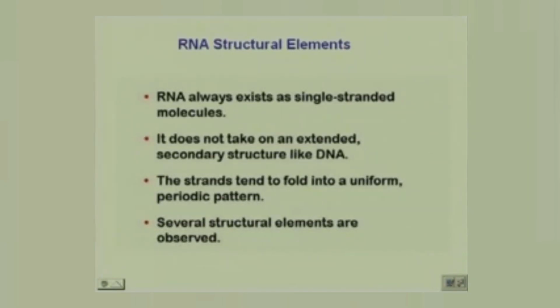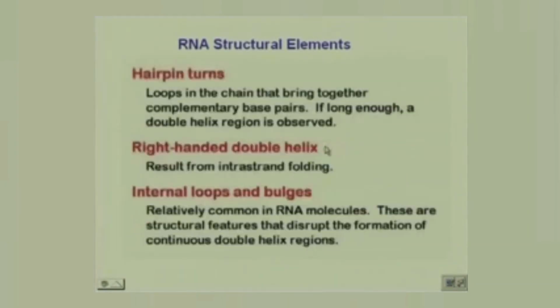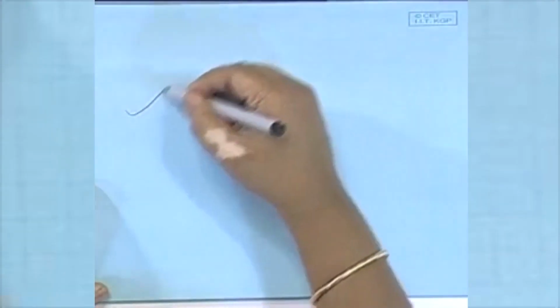But the basic difference here is that we do not have an extended linear double helical structure like DNA has. It usually is single stranded and it folds, and while it folds, it forms different types of structural elements. What are these? These are hairpin turns. Hairpin turns are loops in the chain that bring together complementary base pairs. So when we are talking about RNA, we have a single strand.